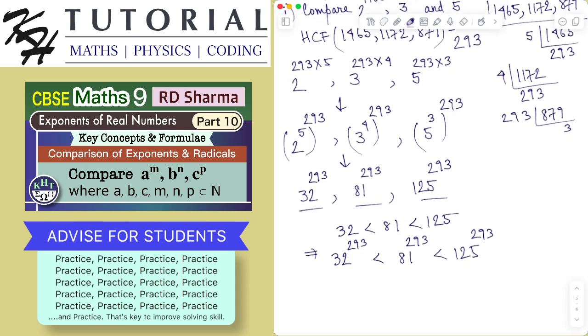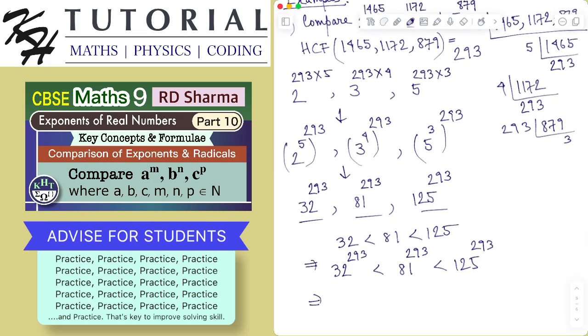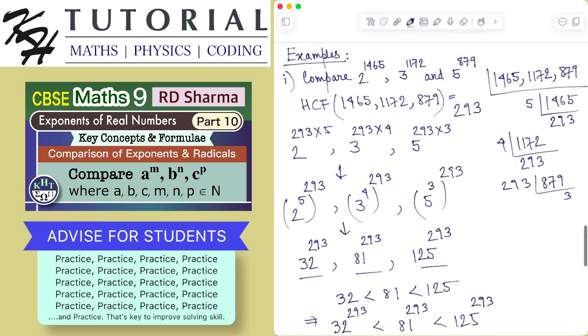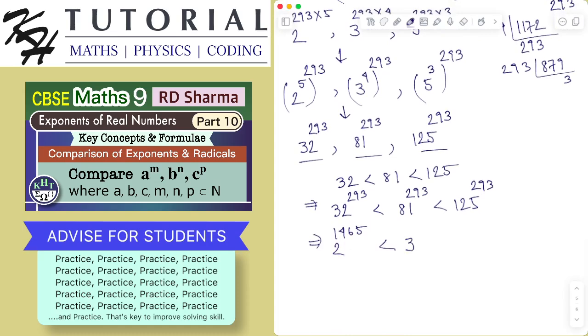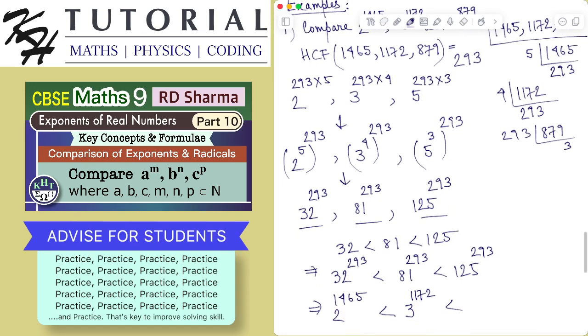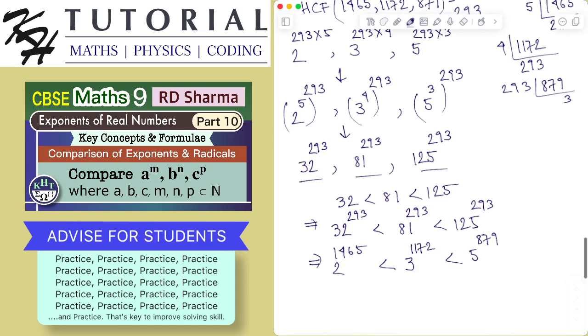And 32 raised to the power 293 was 2 to the power 1465. This will be less than 81 raised to the power 293, which was 3 to the power 1172, and lastly we have 5 to the power 879. So this will be the given numbers in ascending order.